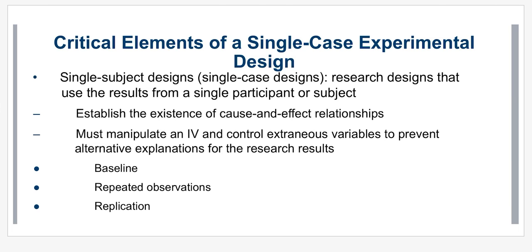The third component here is replication. What that means is if you notice that there are changes in behavior or changes in your dependent variable, you're noticing there's an effect. Great. But are we sure that it was because of the treatment? How do we verify that? Because it could just be chance, it could be something else.